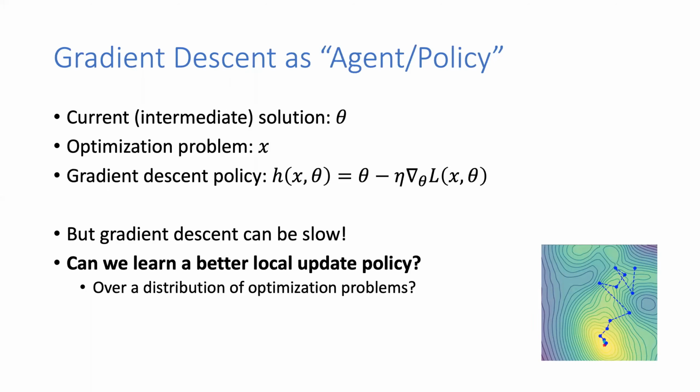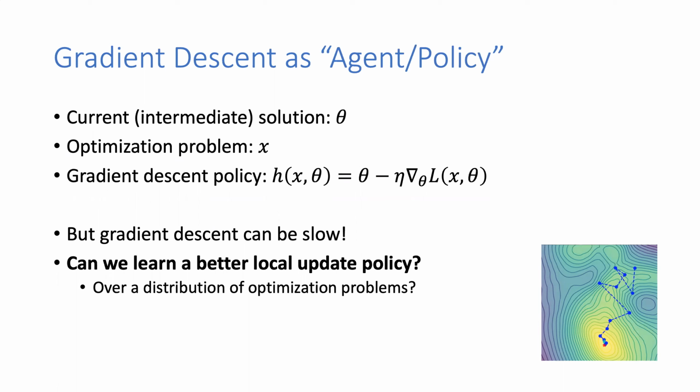So H, our handcrafted gradient descent policy, takes as input a description of the optimization problem and the current solution, and it predicts a local update, which I just wrote down as the gradient with a step size eta. So gradient descent is a handcrafted policy.